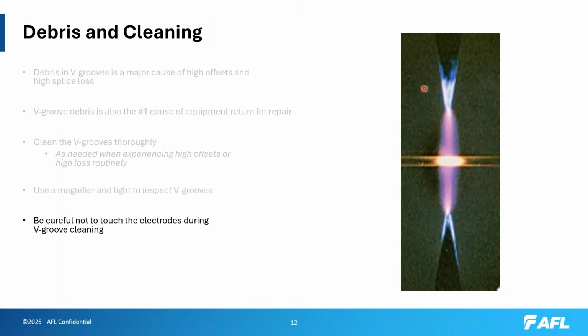So what we recommend when you replace the electrodes is do an arc stabilization, which would build up that silica oxide, and then from there you would periodically clean your V grooves and keep your Q-tip away from that electrode. If you happen to hit the electrode with a Q-tip, you can knock that silica oxide off.